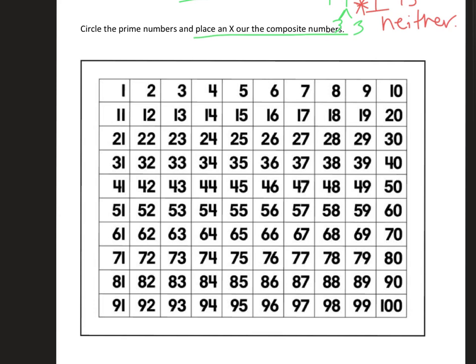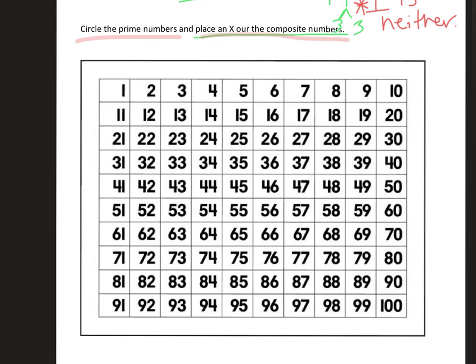So using those divisibility rules, I'm going to start with numbers I know that are even. Now you got to be careful. Just like we're not going to do anything to 1, we're not going to circle it because it's not prime. And we're not going to place an X on it because it's not composite.